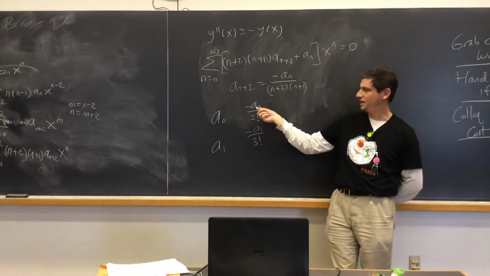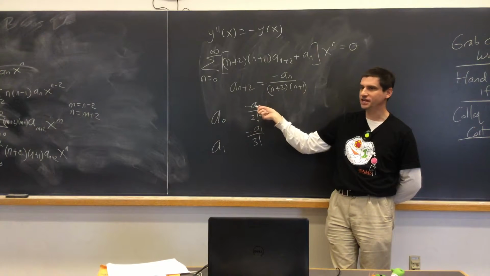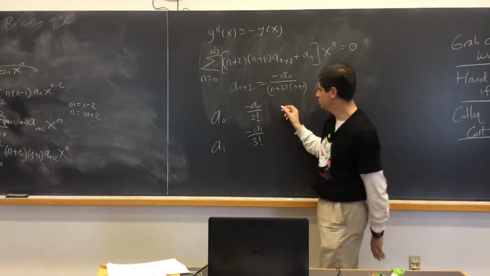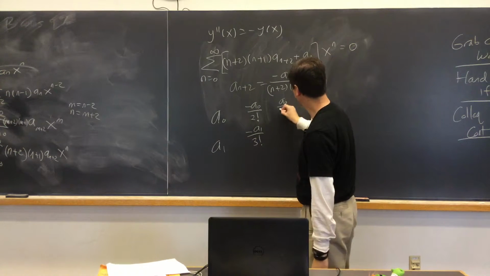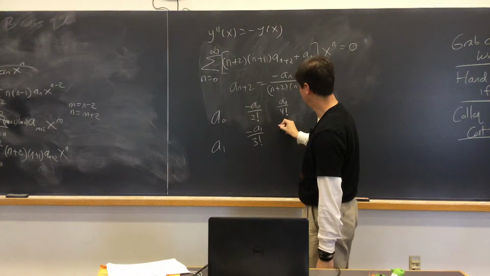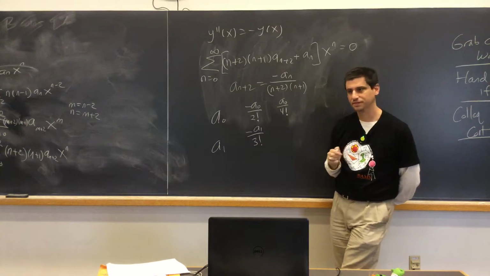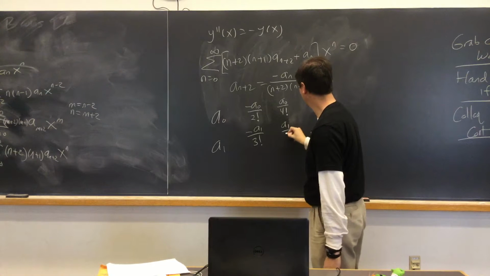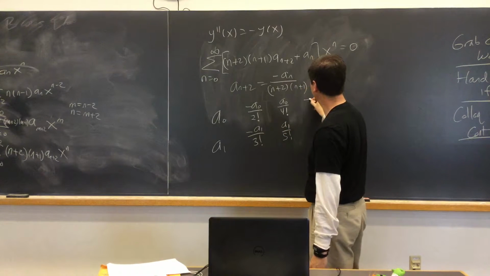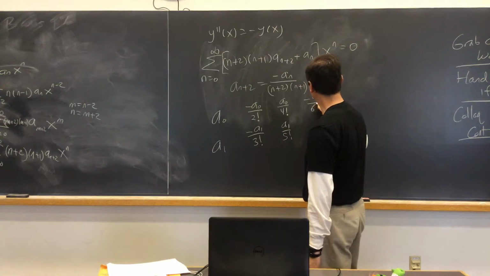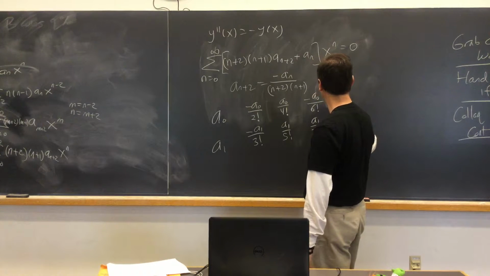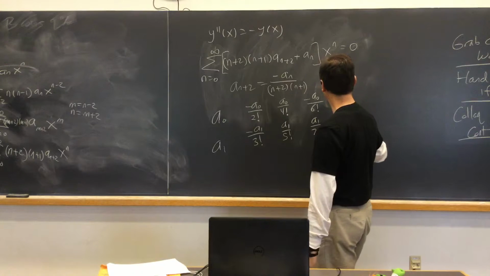And I've got a2 is negative a0 over 2 factorial. So when the dust settles, I get a0 over 4 factorial. What do you think I'm going to get down here? a1 over 5 factorial. And then here I'll get a negative a0 over 6 factorial. Here I'll get an a1 over 7 factorial, dot dot dot.